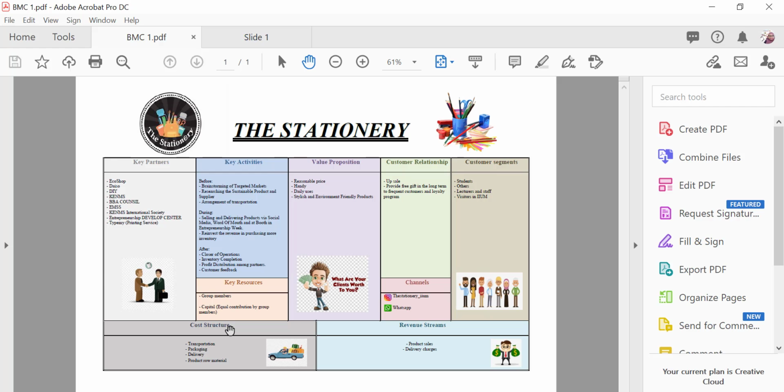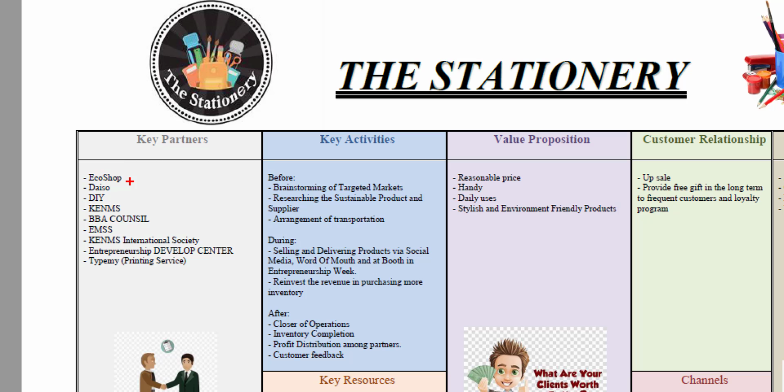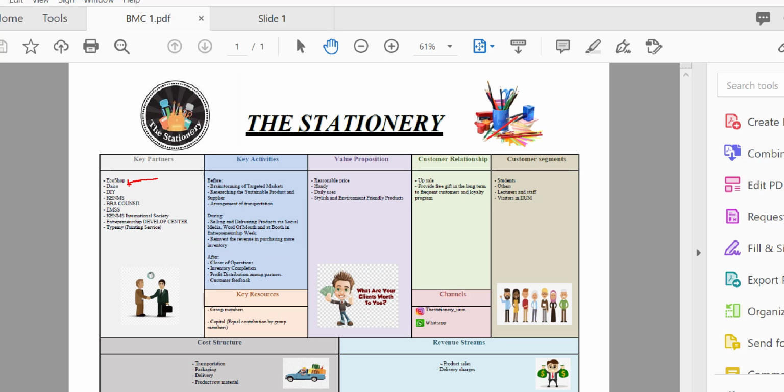Okay, we go back to here. So for example, the stationery, they buy from Eco Shop. Maybe this one is for packaging. So packaging here is connected to the cost. Daiso, this is the raw material, and DIY also.